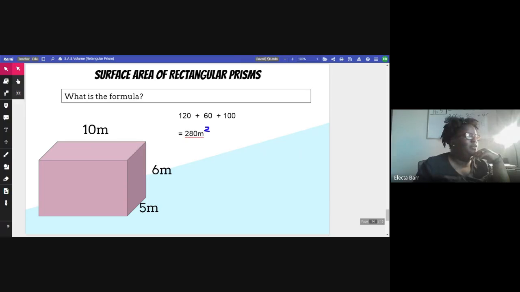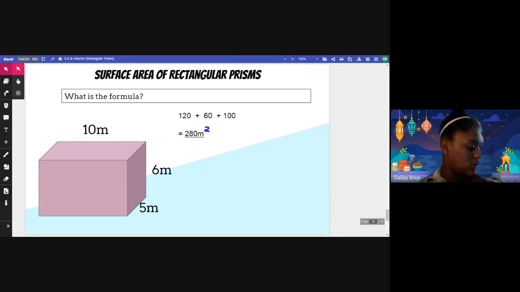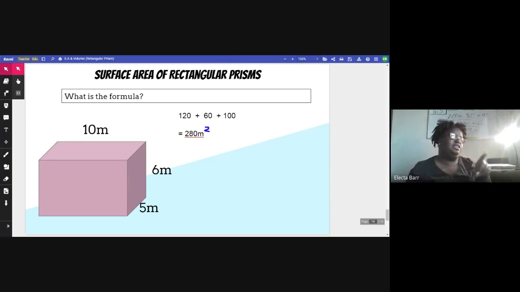So when we got 60, it was because we multiplied the height times the width. 6 times 5 is 30, and then 30 times 2 is 60. So you did 2 times 6 times 5, or 2 times 5 times 6. Yeah, that's what I did. And so then you would get 30, and then 30 times 2 equals 60.